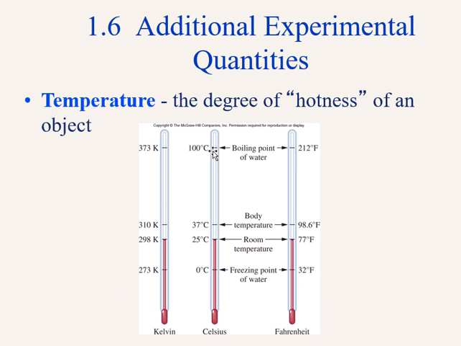You may have heard that the boiling point of water is 100 degrees Celsius and the freezing point of water is 0 degrees Celsius. So these are the two temperatures on which the degree Celsius scale is based, with the boiling point of water assigned 100 degrees and the freezing point assigned 0. It was divided into 100 partitions, one for each degree.